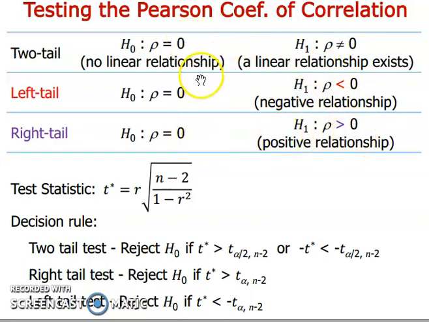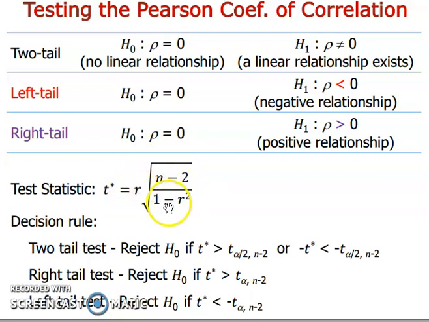So this is the null hypothesis and the alternative hypothesis for the Pearson coefficient of correlation test. What is the test statistic? The test statistic here is t star, which equals r, our coefficient of correlation, times the square root of n minus 2 over 1 minus r squared.